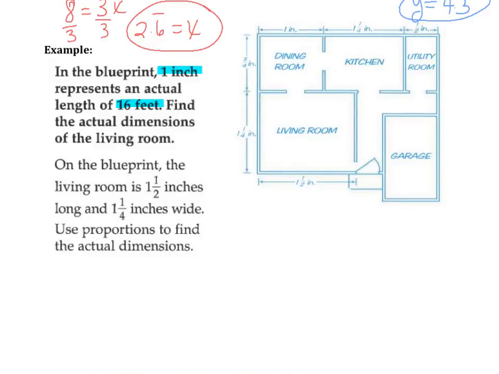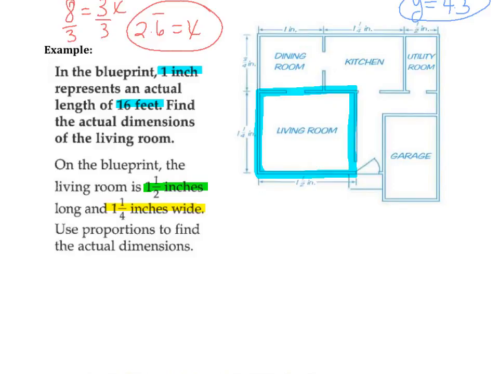So what is the length and the width? Some other important information on the blueprint down here. The living room is 1.5 inches long by 1.25 inches wide. We're going to use those proportions to solve.